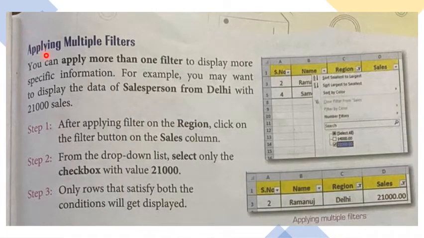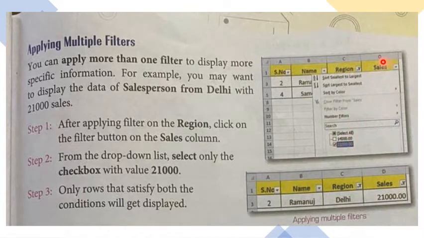Now student, next topic is applying multiple filters. Earlier we have used filter on one column, that is reason. Now we are applying filters on two columns based on some condition. Suppose I want the reason Delhi where the sale is 21,000, then what I have to do? Firstly, you will click on this reason filter button and choose the reason Delhi.